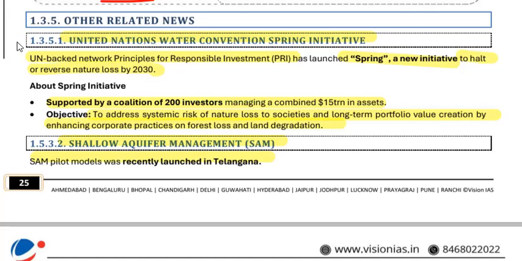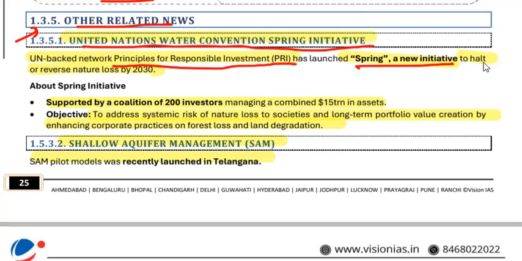Next topic is other related news. First is the United Nations Water Convention Spring initiative. Actually, this is a UN-backed network, Principles for Responsible Investment, that is PRI, which has launched a new initiative called Spring to halt or reverse nature loss by 2030. It means whatever losses have been done should be reversed by 2030. How will it be done?